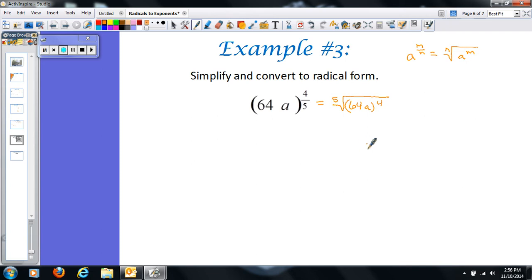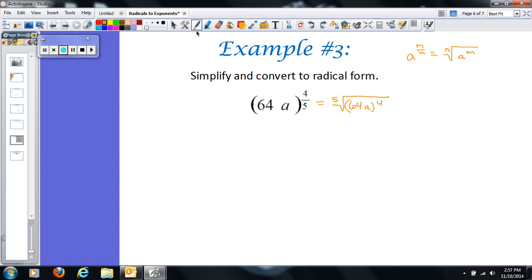we know that 64, we can simplify this. So, when I simplify this, okay, we're looking for the fifth root of 64a raised to the fourth power.